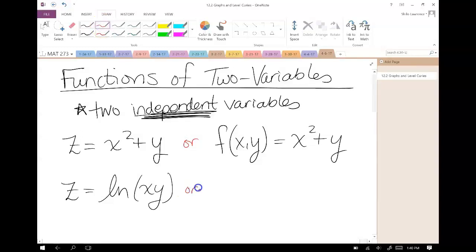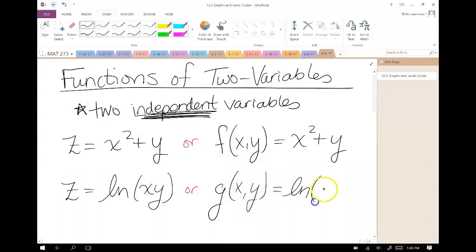So we could write it as z equals, or we could write it in function notation. And since there are two independent variables next to the function name, we indicate what the independent variables are in that function. So it says x comma y next to the function name.